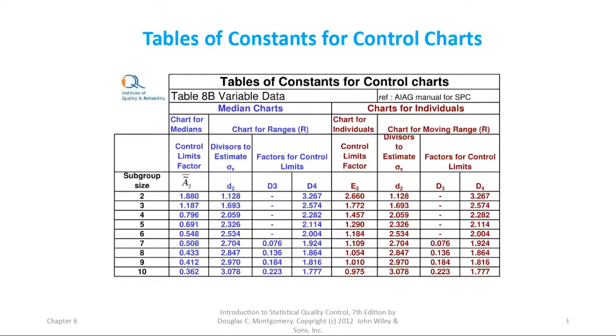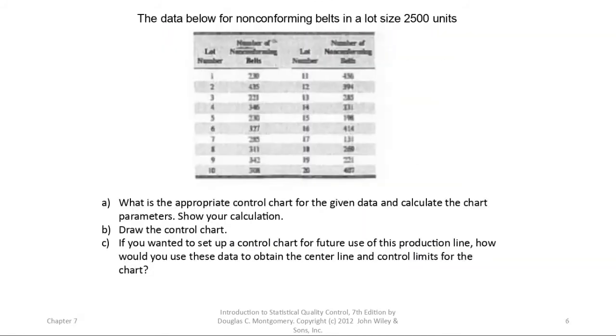So here in the example, we have the data, and it shows that the sample size is 2,500. Since the sample size is constant, we had a discussion in the last meeting about whether to use the P or the NP. Both charts work with this case.